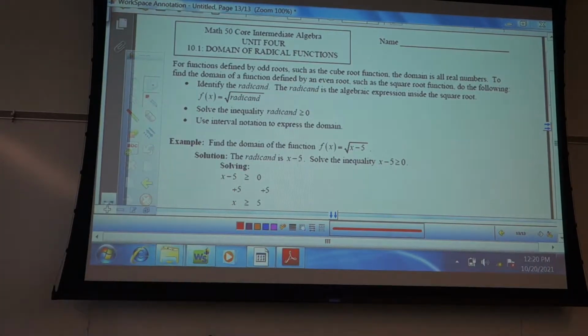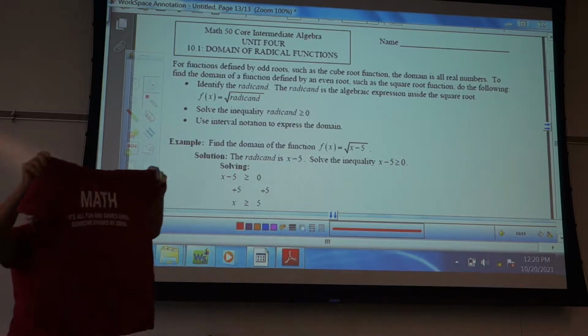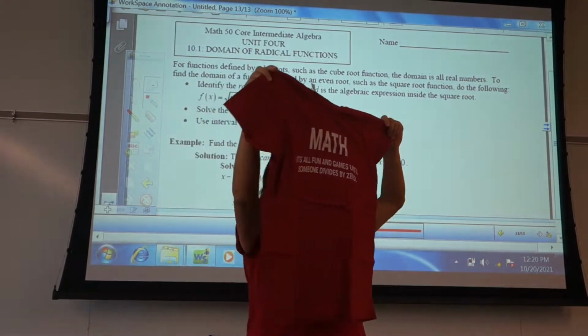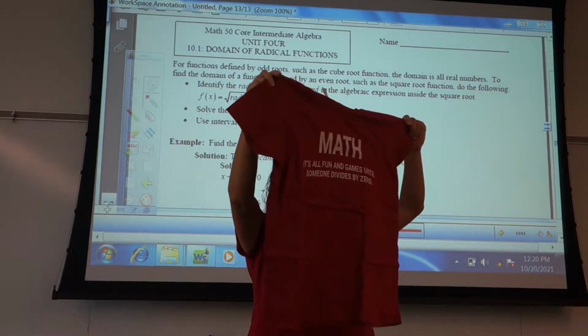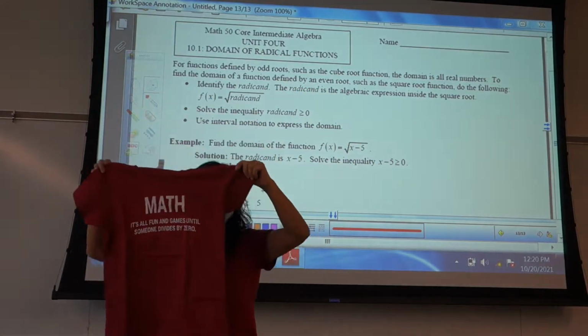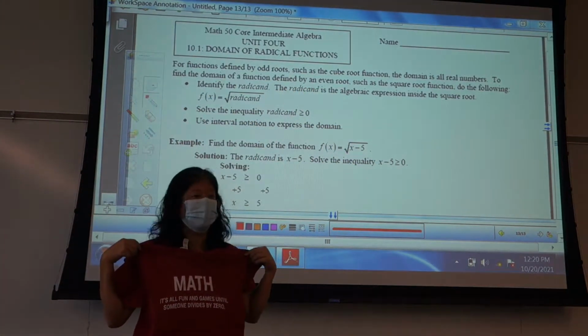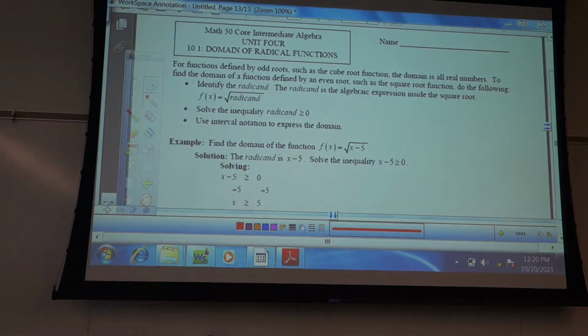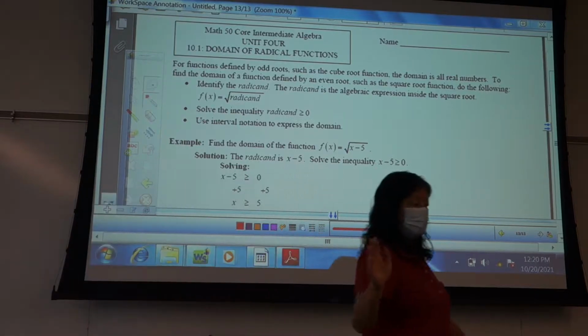The first thing you can never ever ever do is divide by 0. Everybody on board? The world will end if you divide by 0. You all know that coming in here.